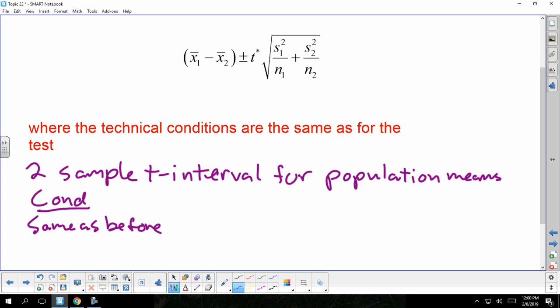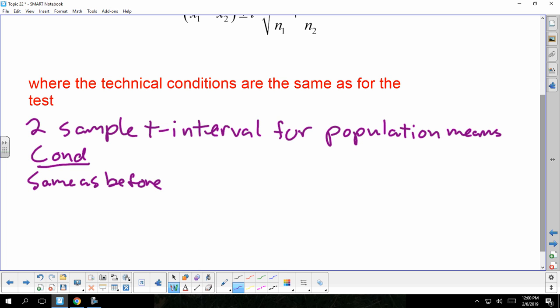And then let's report our interval. We run that in our calculator. That's going to be a 2-sample t interval. So again, I'm going to go into stats, over to tests, and keep going down. This is a 2-sample t interval, the 0 one. It should pull everything in for us, which is nice.